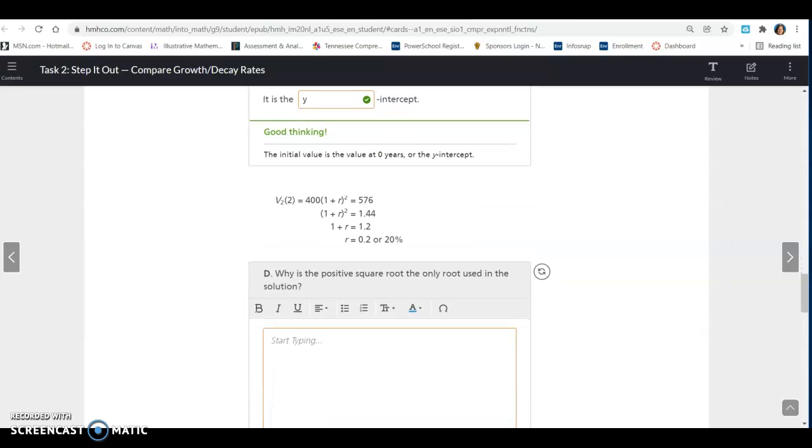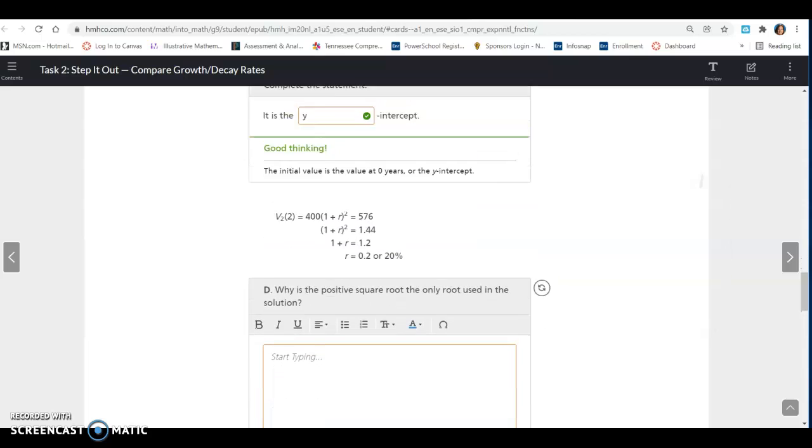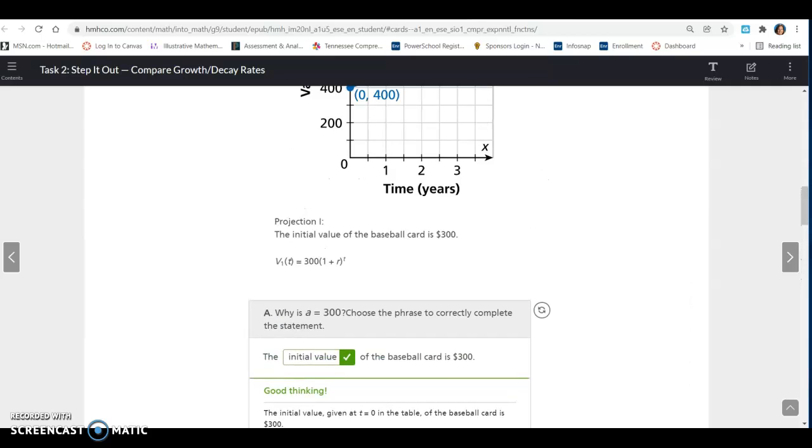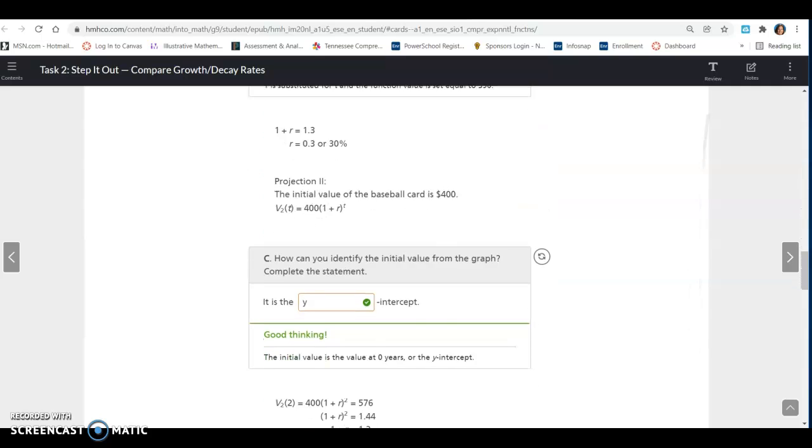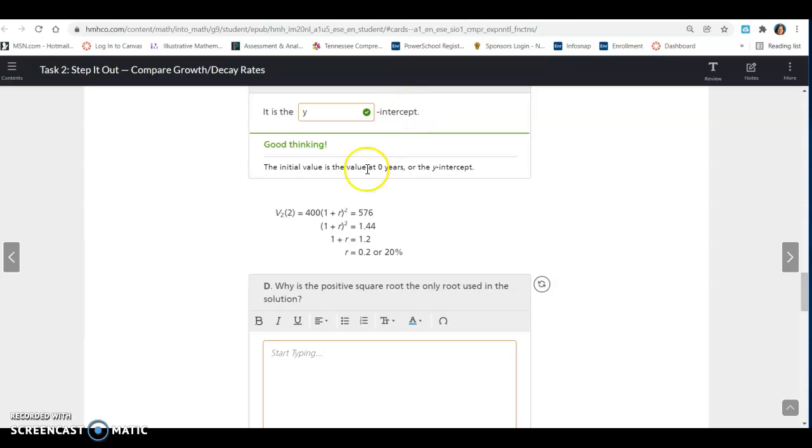And then if you choose the second point, which is given, this only gives you 2 points on the graph. It gives you a second point at 2, 576. So they're going to take the 2 and the 576. You can see they took the t and replaced it with 2. And they put the V of t as 576. So again, they're going to solve this for r, and you get 20%.